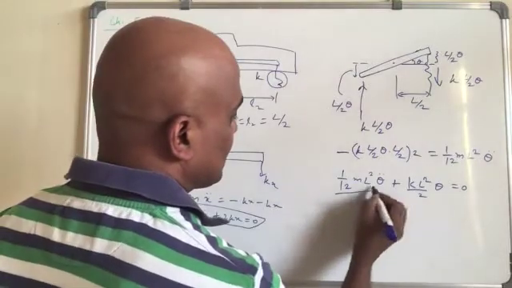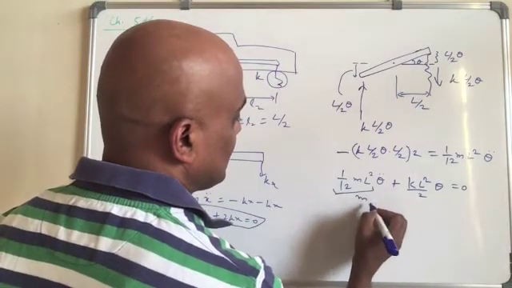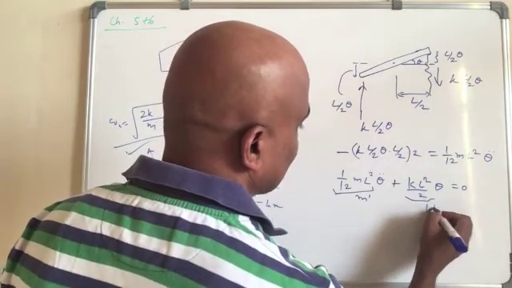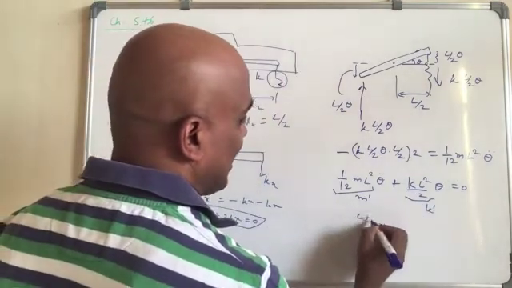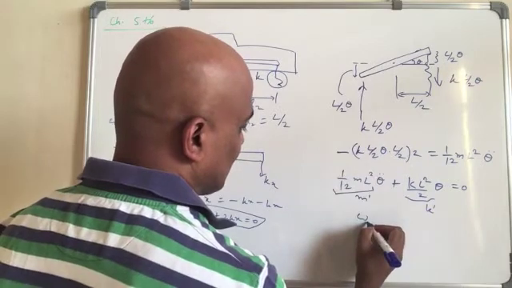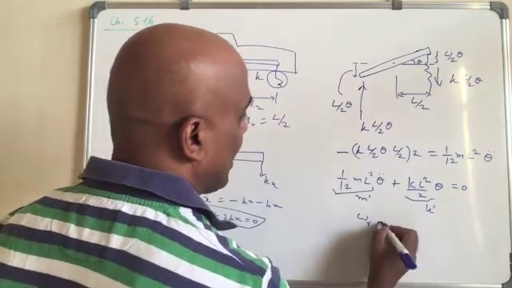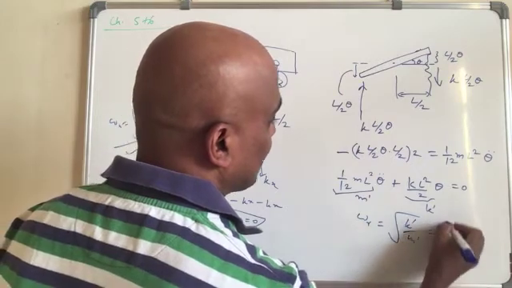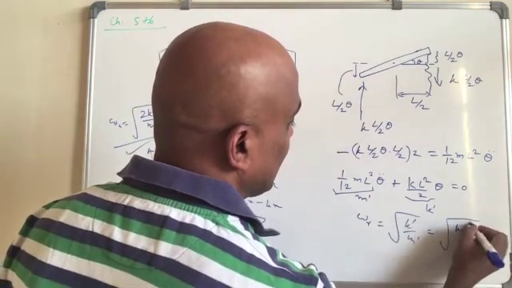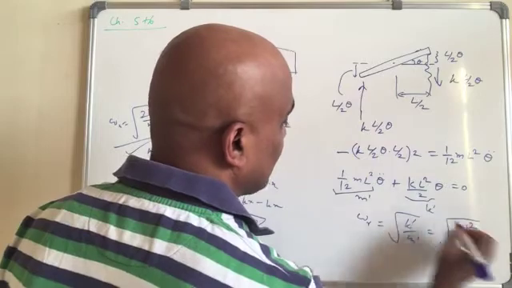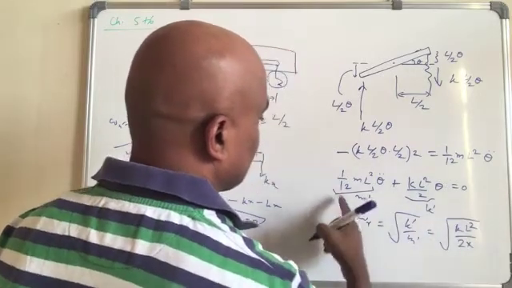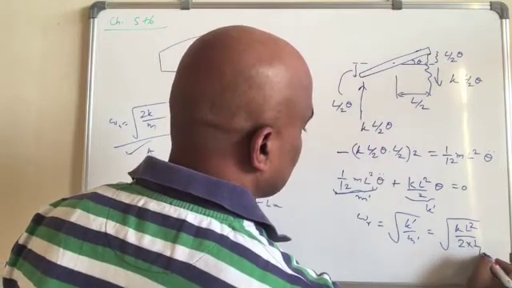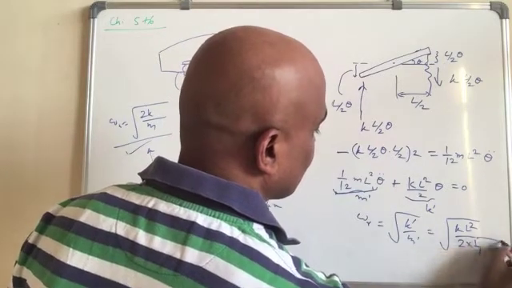Let's say this is m dash and this is k dash. Hence omega in this case, rotational, I write omega r, is nothing but root of k dash over m dash, which is k L square over 2, divided by 1 over 12 m L square.